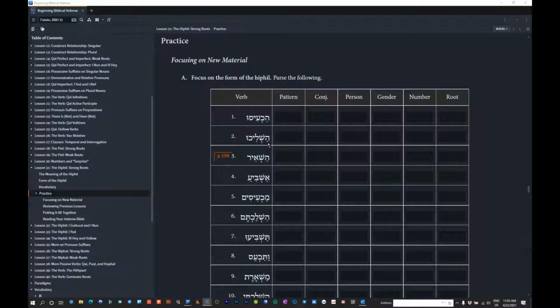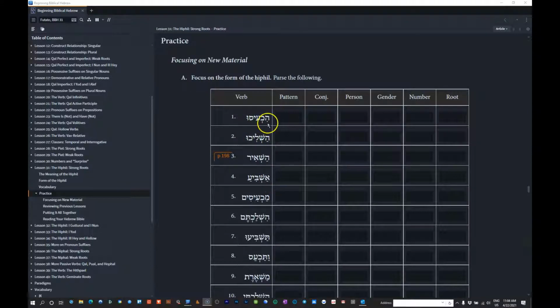In the perfect, your prefix is going to be hey heroic, or basically a hey with an E/I class vowel, usually heroic. And in the imperfect side of the family, not just the imperfect conjugation, but those built on the imperfect, so it's going to be the infinitive, the imperative, the jussive, on that side, you're going to have a hey with a patach, or if you've got a prefix conjugation like the imperfect, the prefix will cover that hey, and you'll just have the patach there.